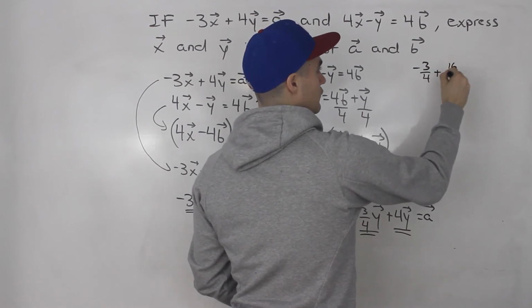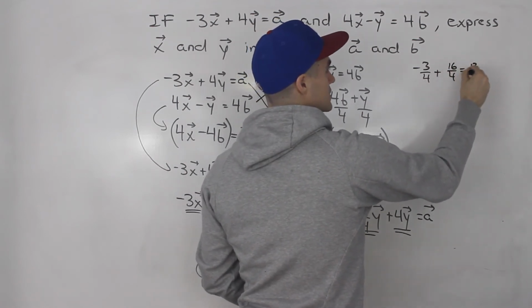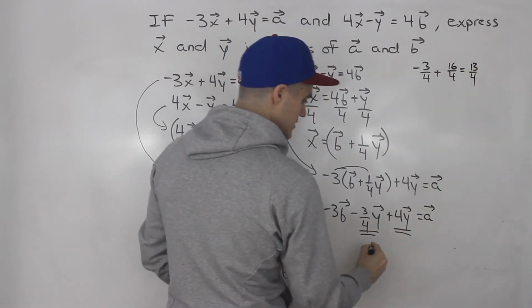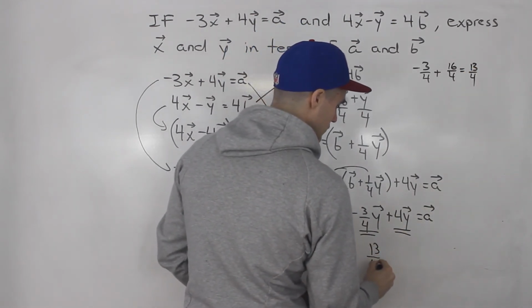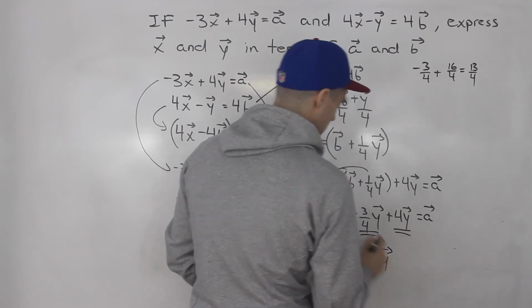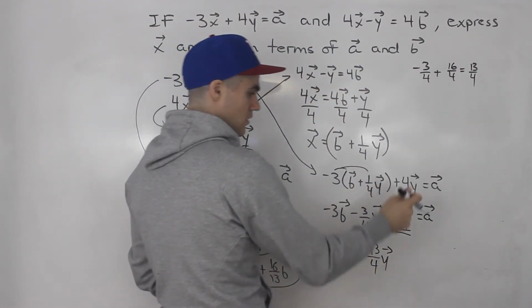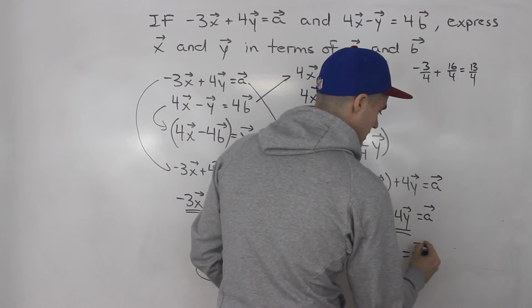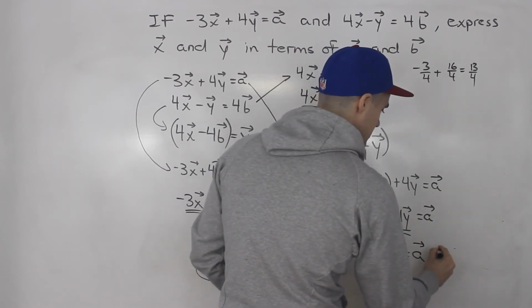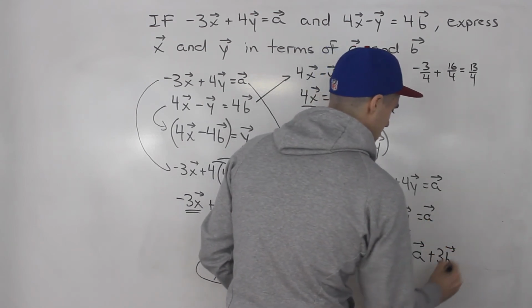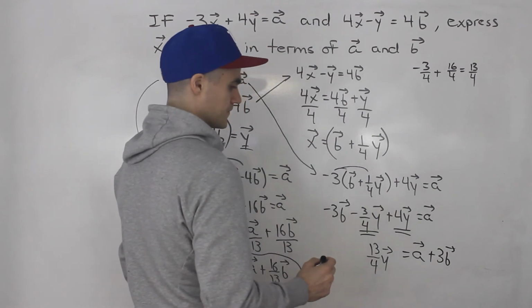So that's like 16 over 4. So that is like 13 over 4. So basically these two are like 13 over 4 vector y. We could bring this negative 3b over. So that's going to equal vector a plus 3 times vector b.